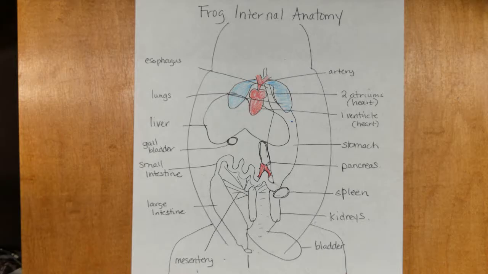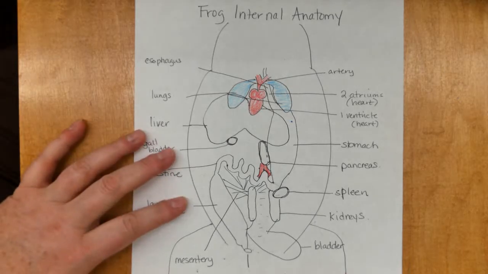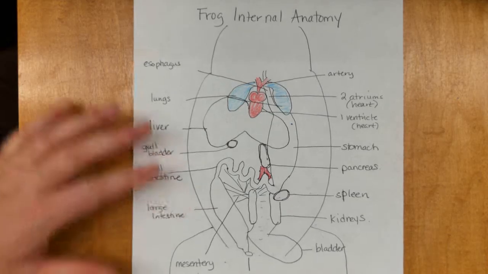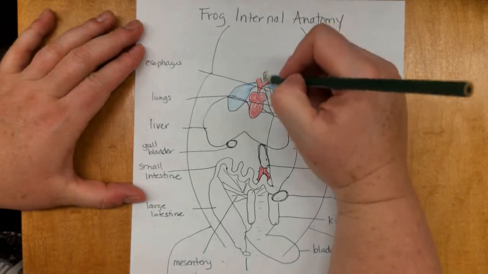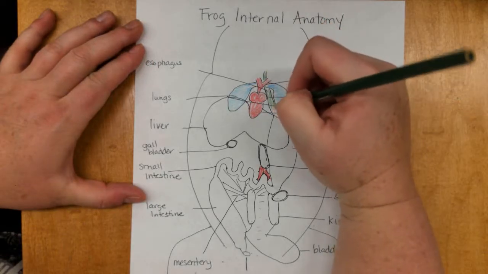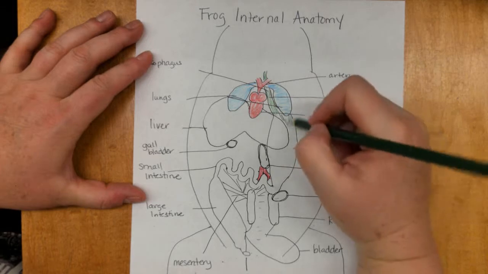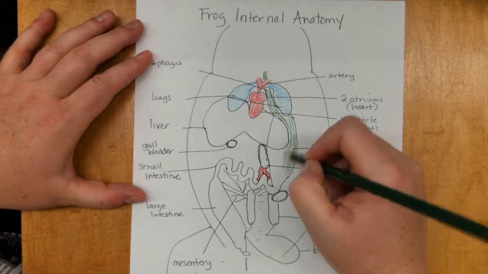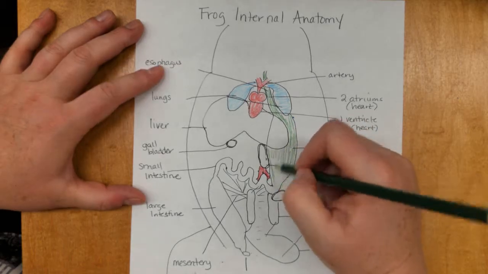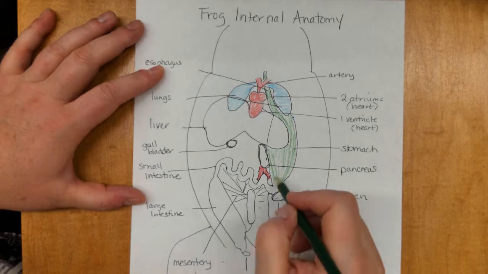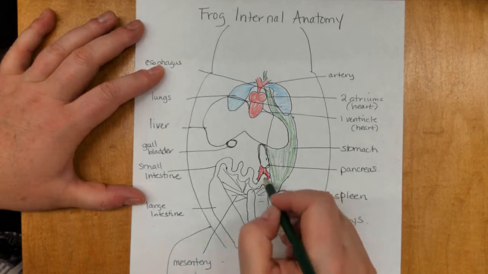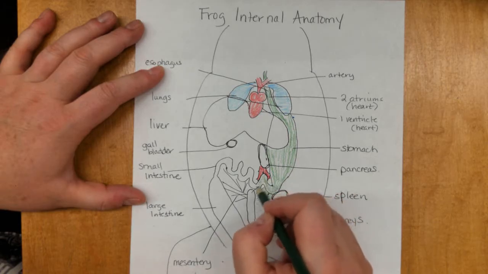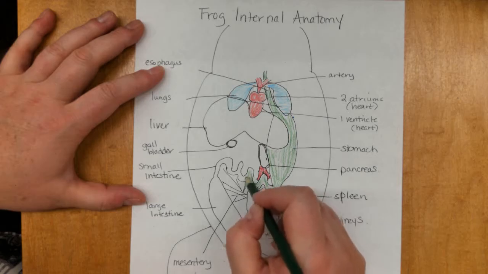The next system we'll do is, I'll make it green, and this will be the digestive system. So the digestion starts up here at the esophagus, comes down the esophagus into the stomach, through the small intestine where all of the nutrients are absorbed from the food.